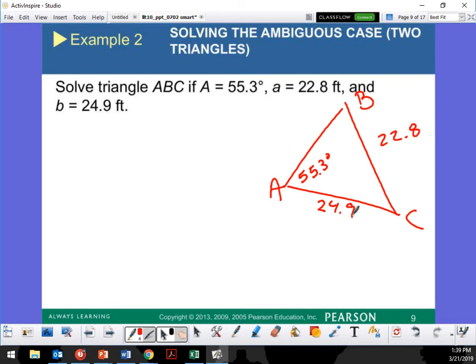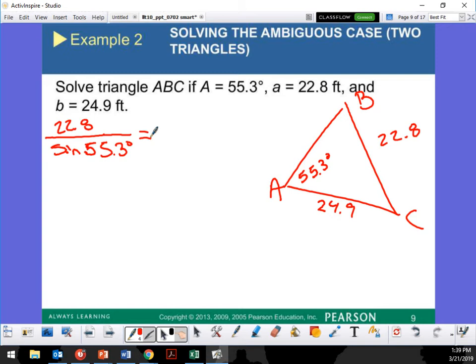So now with this, I'm going to have 22.8 over sine of 55.3 degrees, and that equals 9.89.